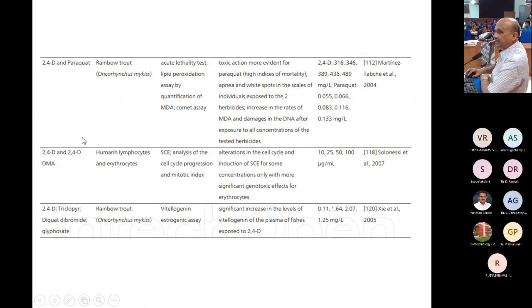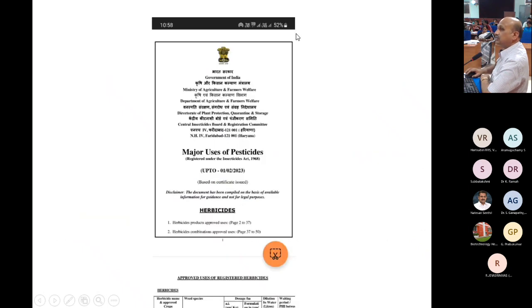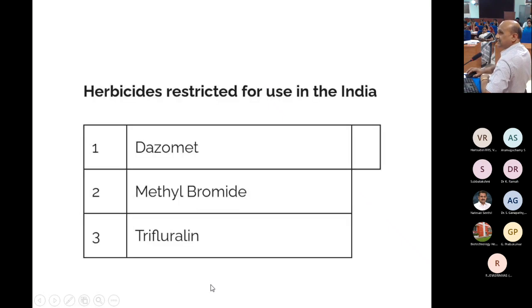Similarly, 2,4-D and glyphosate also were observed. So in this particular major use of pesticides, just in the previous month, 2023, some herbicides were banned.